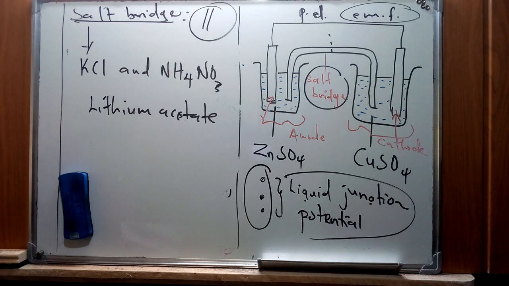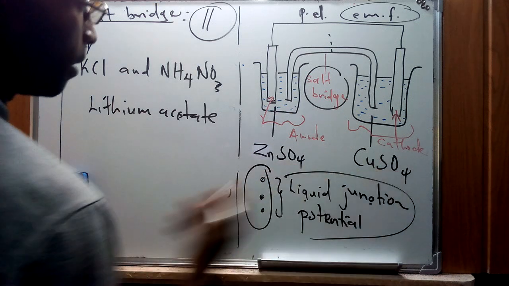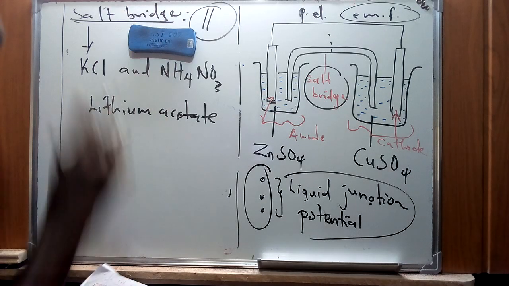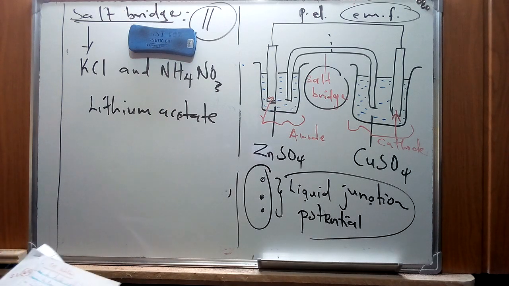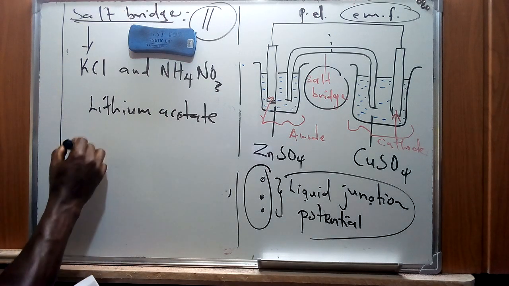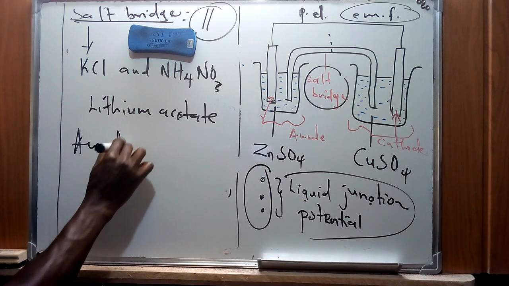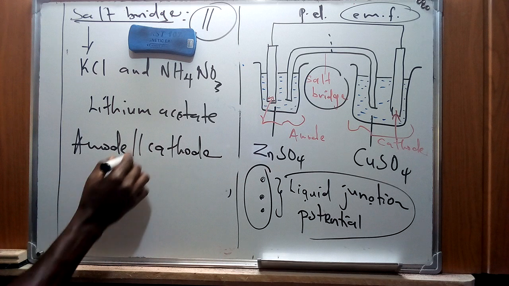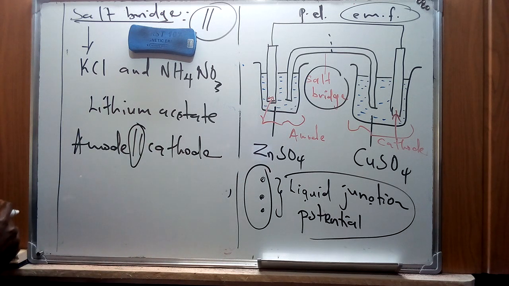So we are going to have a junction between the zinc sulfate and the copper sulfate solution, using the ionic equation represented as the section for the anode and the cathode being separated by this notation for the salt bridge.